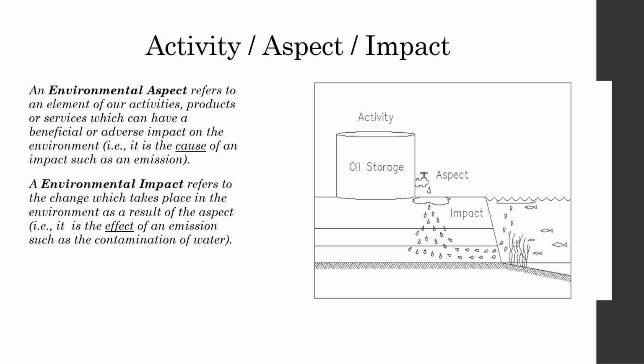And then the impact would be ultimately land pollution, which would then become water pollution and then get into the lakes or streams there. So the activity would be oil storage. The aspect would be a potential leak or spill. The impact would be land pollution. Again, a pretty straightforward process here.